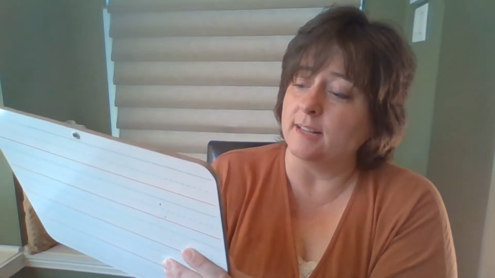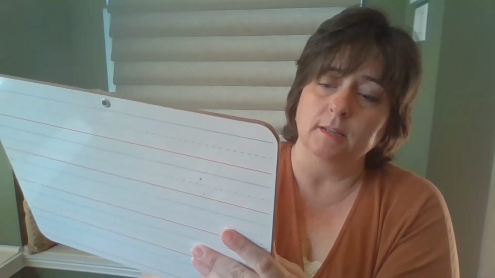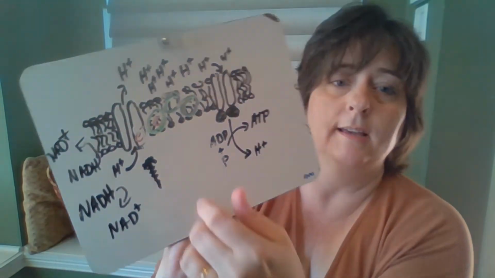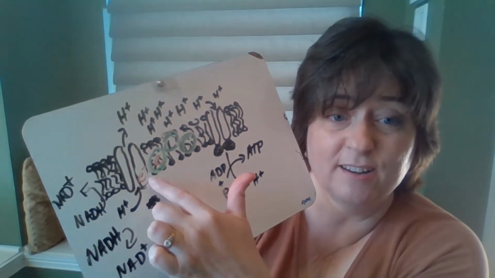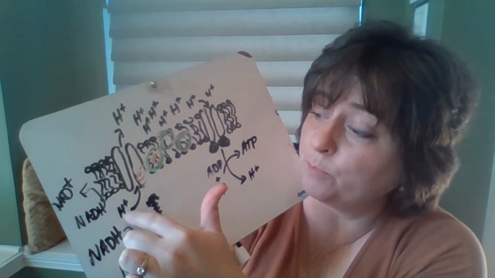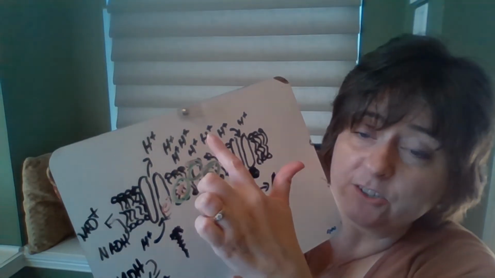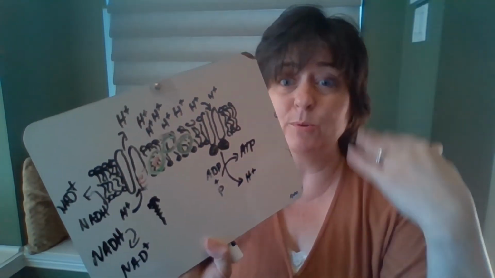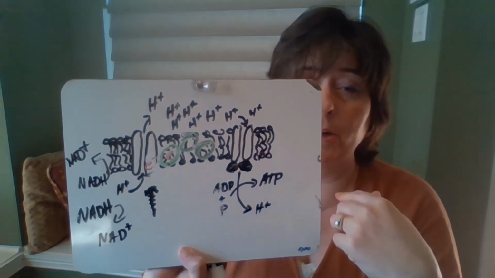So the next one comes in, and he donates this electron. He gets oxidized, becomes NAD+, and now we've got another electron moving through, which allowed us to pump another hydrogen out. So we're getting this process going and keeping this process going.